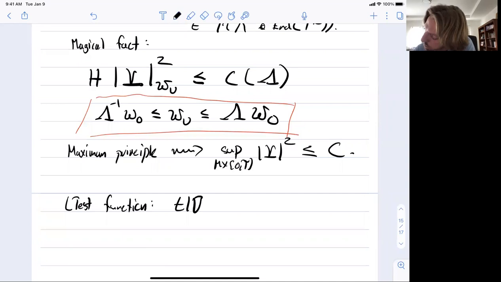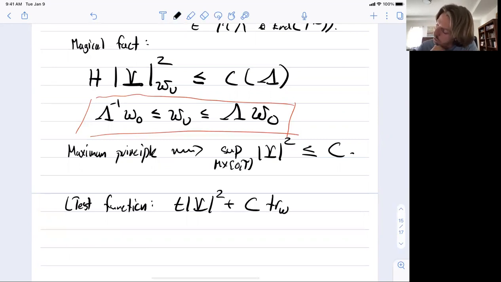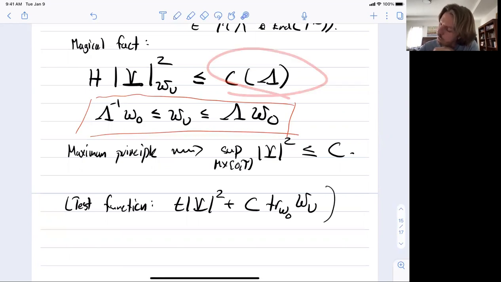t times norm epsilon squared plus some large constant times the trace or something. This is just some little trickery to get rid of this constant term.